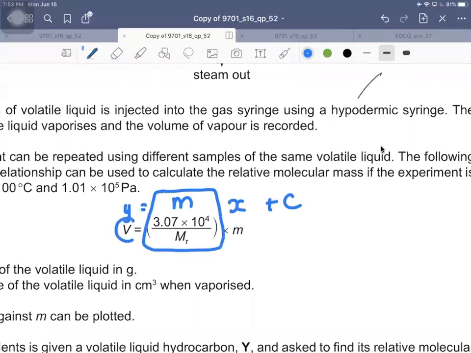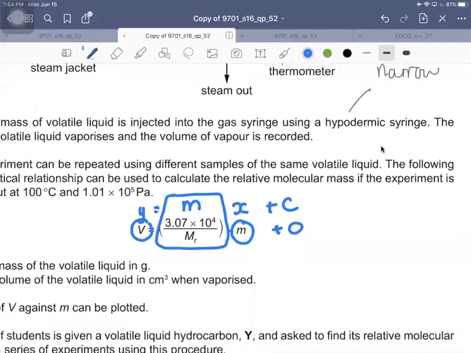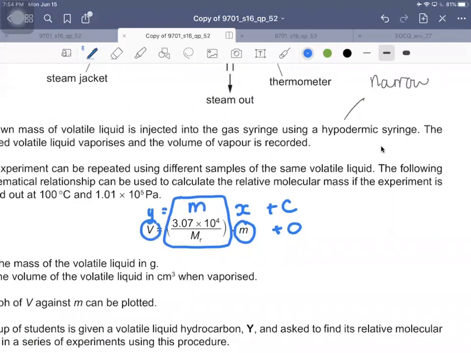Your y-axis is the volume. How do you know that? You check your y-axis, volume. Your x-axis is the mass. Plus c is 0. That means your line has to pass through the origin. The y-intercept is 0. So from here you can know how your graph should look like. This is a y = mx + c expression, therefore it must be a straight line.